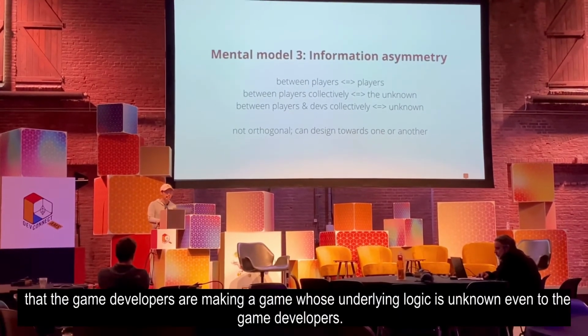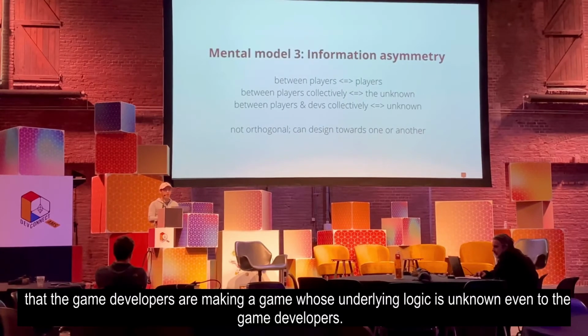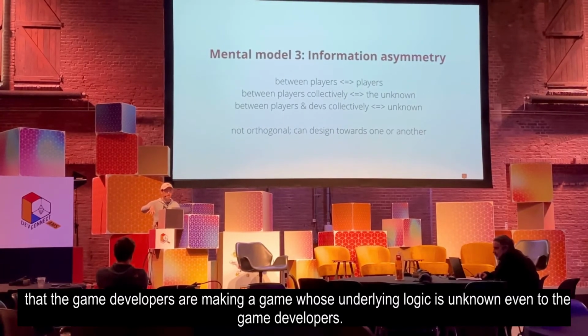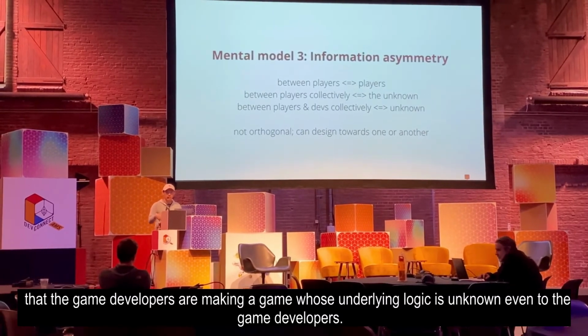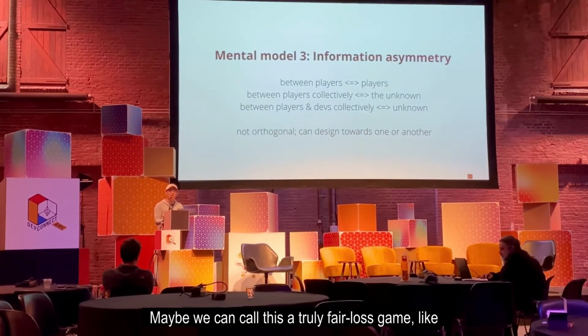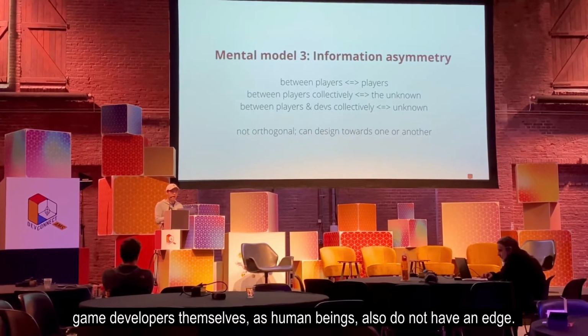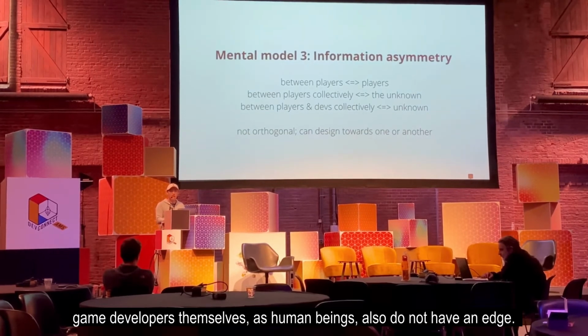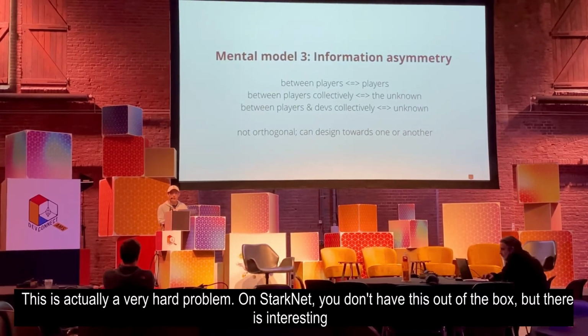This basically means that the game developers are making a game whose underlying logic is unknown even to the game developers. Maybe we can call this a truly fair launch game. Game developers themselves, as human beings, also do not have an edge, right? And this is actually a very hard problem.